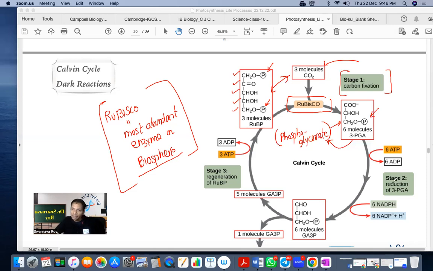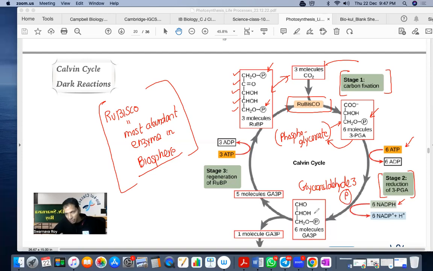You see the second step is called the reduction step, stage 2. And here we see the assimilatory power, ATP and NADPH, which were made during the light reactions. Look how they are required, how they are causing the reduction of 3-PGA into GA3P, or glyceraldehyde 3-phosphate, right?